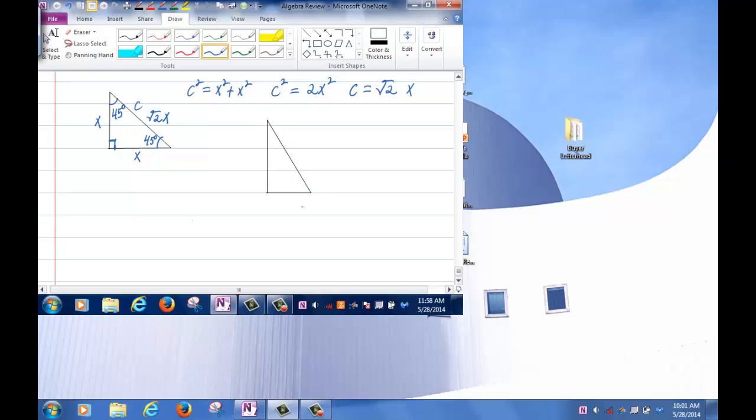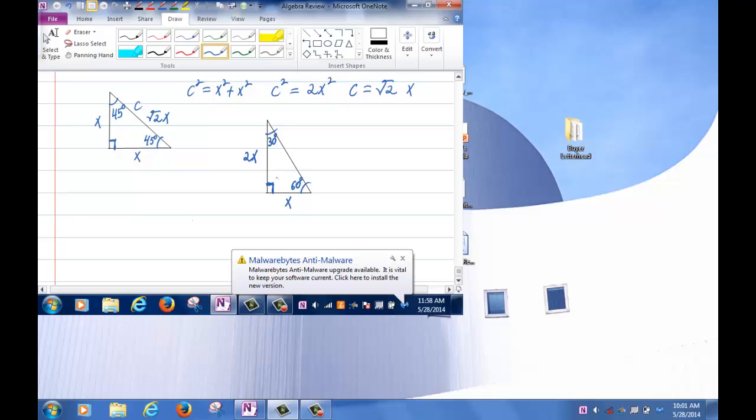So what happens here is that this side is x, this side is 2x, and then this side would be 60 degrees, this side would be 30 degrees, and this side would be 90 degrees. So if you have a 30, 60, 90 triangle, this is what's going to happen.